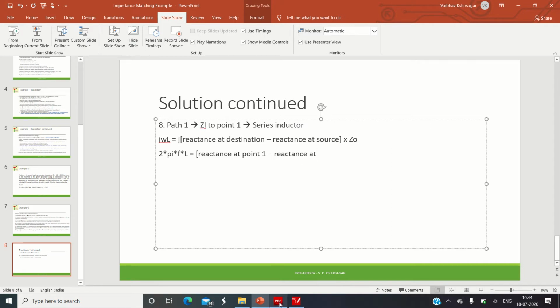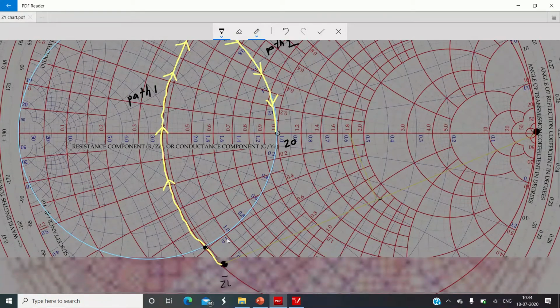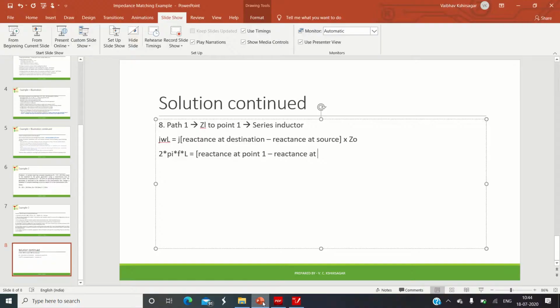The source in path number 1 is ZL bar, which I will simply write as ZL. Bracket complete, multiplied by Z0. What is the value of Z0? Z0 is the given characteristic impedance, and that is 50 ohm. Now we go ahead and place the appropriate values of reactance. So here I will place the values now.